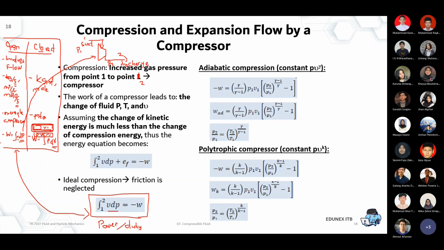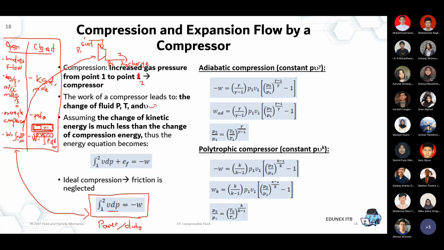Sir, is the small v per kilogram? Sorry, can you repeat the question? Is the small v in the equation meaning volume per kilogram? Yes, that's the one per density.